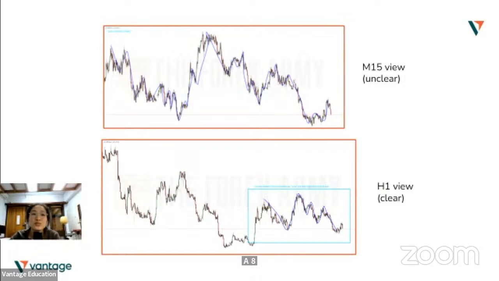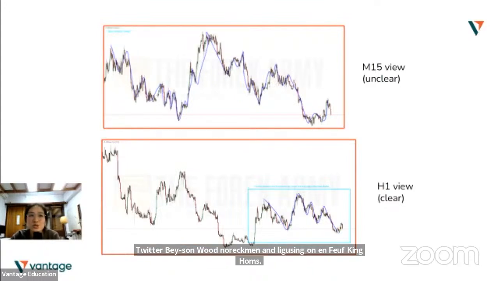So then you can begin your analysis on the H1 instead of the M15. And typically, we would not recommend analyzing on M15, M30 time charts because those tend to have more noise. So typically we use H1, H4, or the daily time frames.